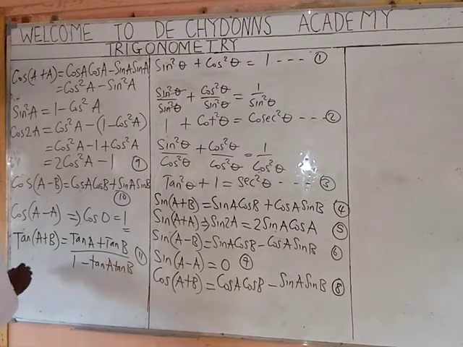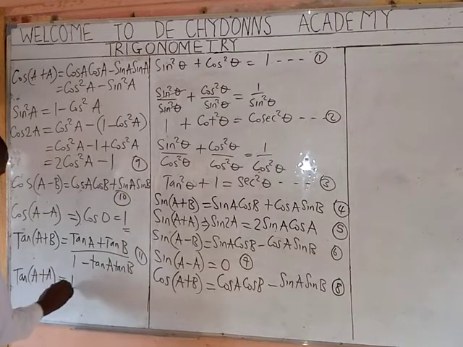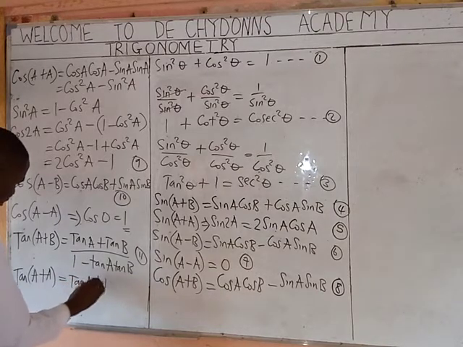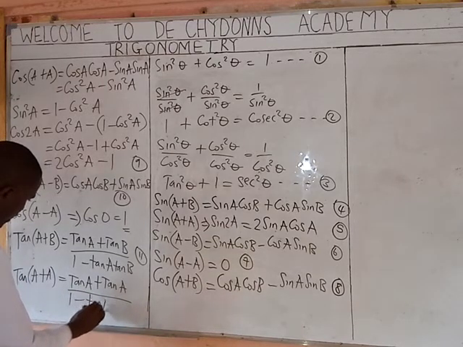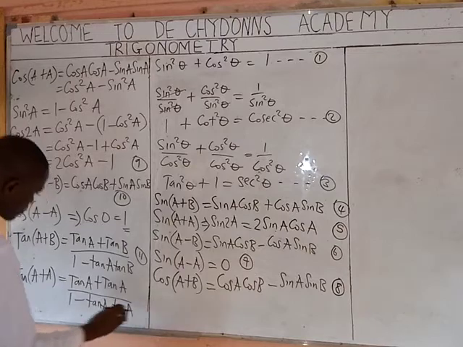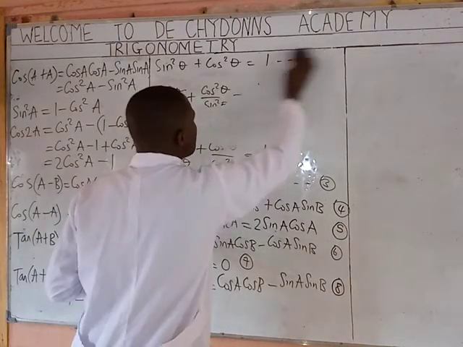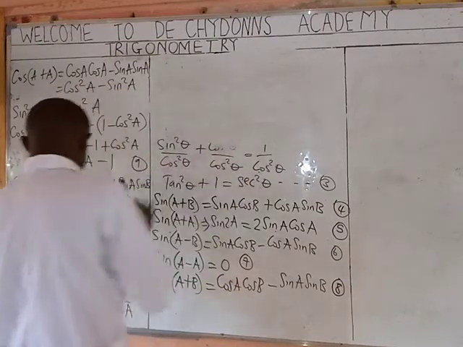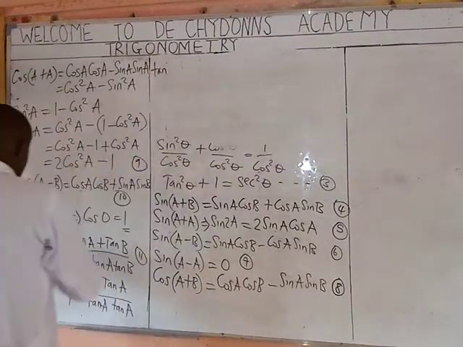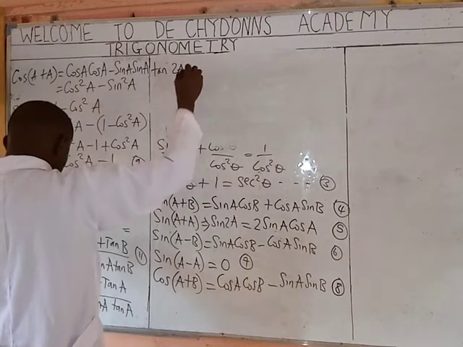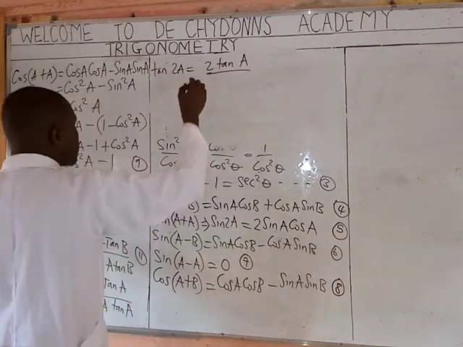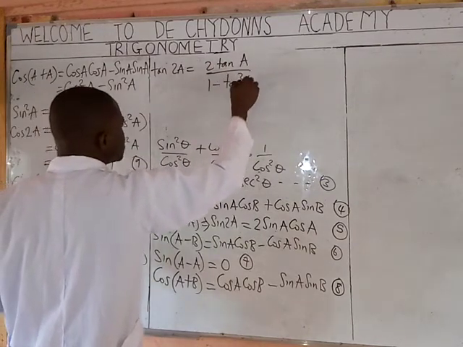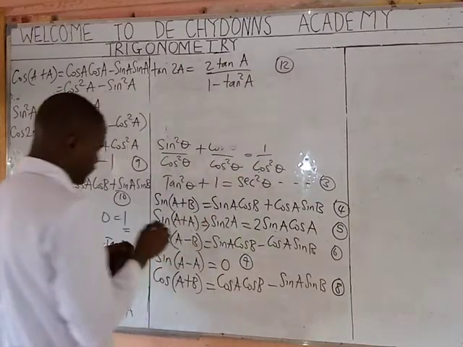That means that tan(A plus A) will be equal to tan A plus tan A all over 1 minus tan A tan A. So once you sort this out, you will be getting tan(A plus A), 2A, equals 2 tan A over 1 minus tan squared A. That is equation 12.